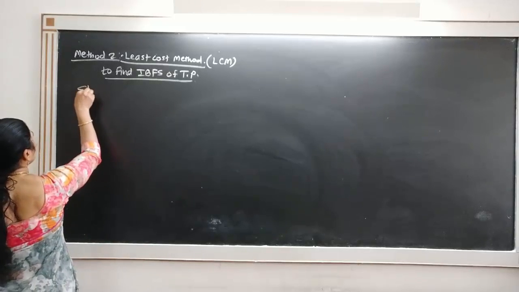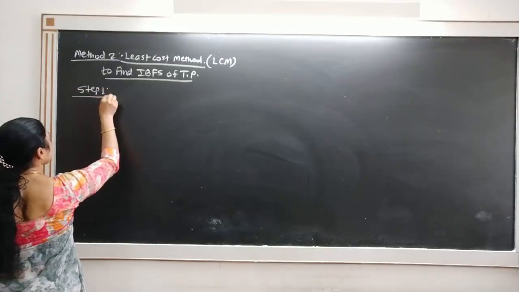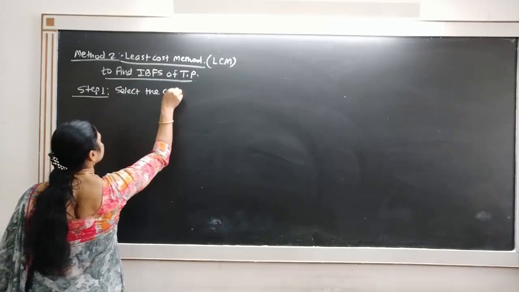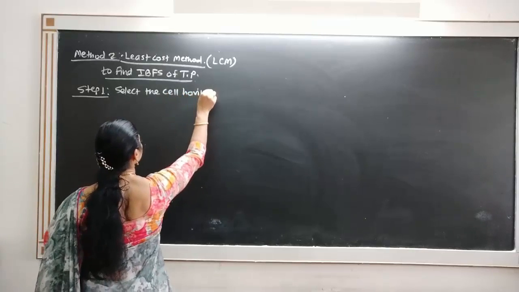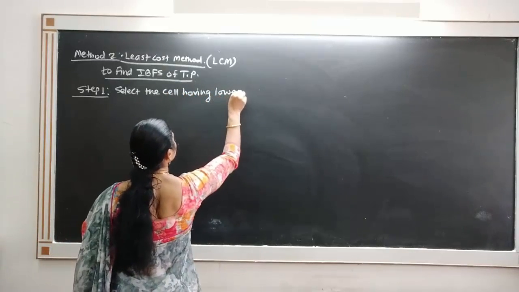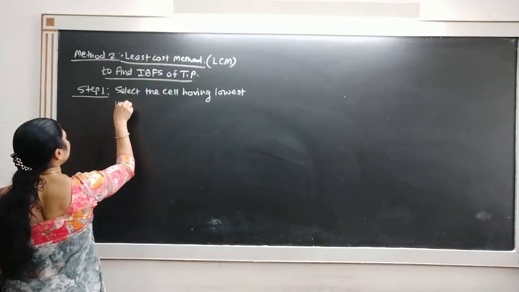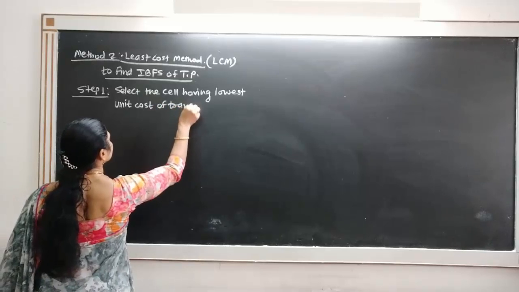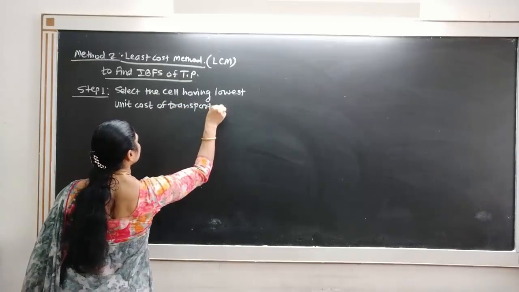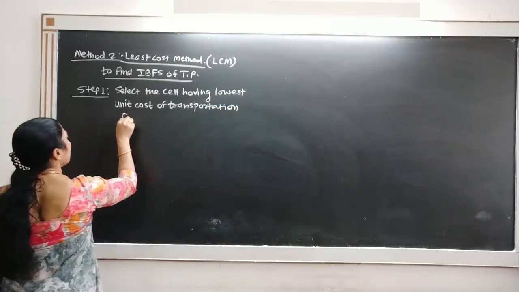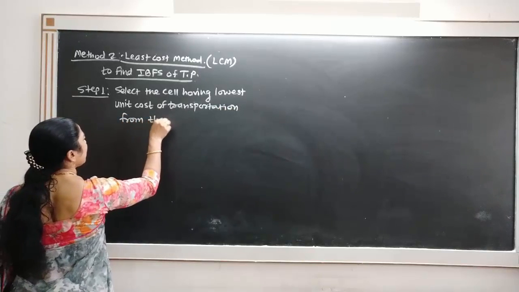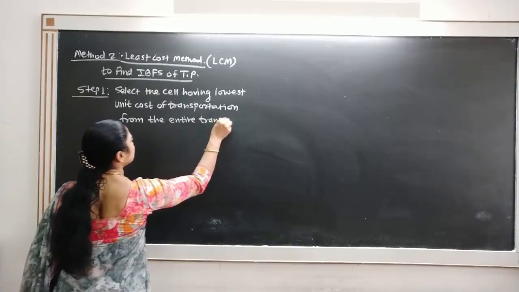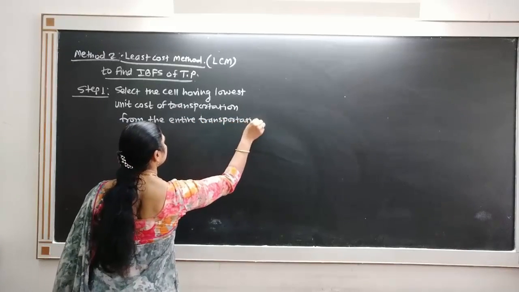The first step is to select the cell having the lowest unit cost of transportation from the entire transportation table.